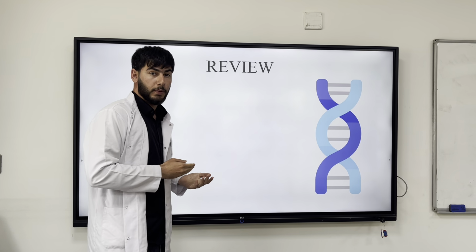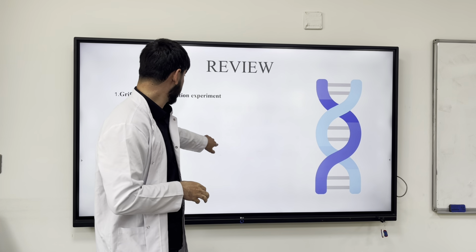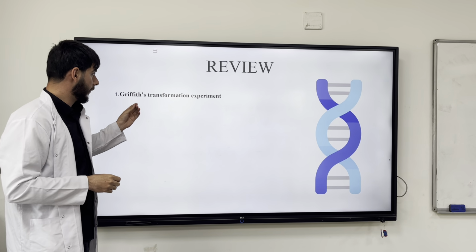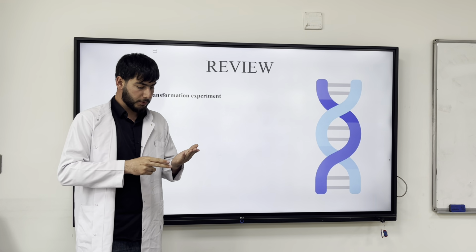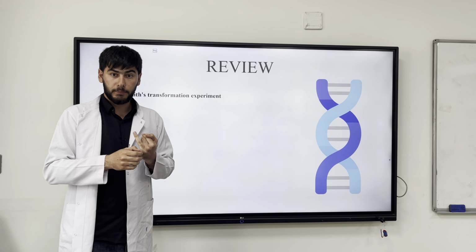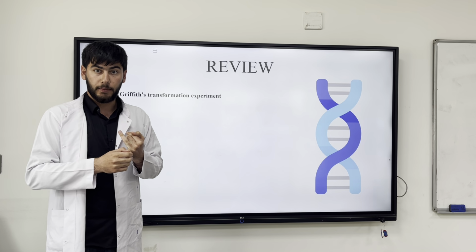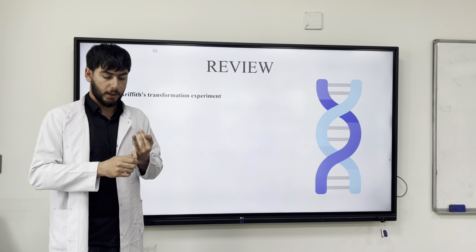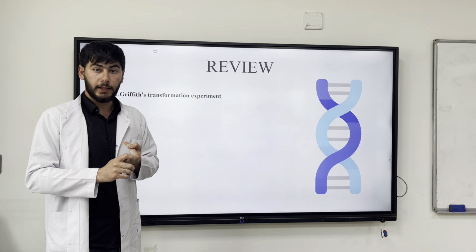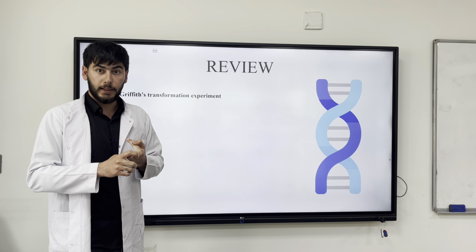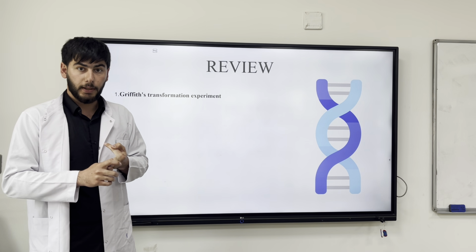Now let us review what we did study. First, Griffith's transformation experiment. We know that Griffith injected the mouse with S strain, which killed the mouse; R strain didn't kill the mouse; and heat-killed S strain didn't kill the mouse.